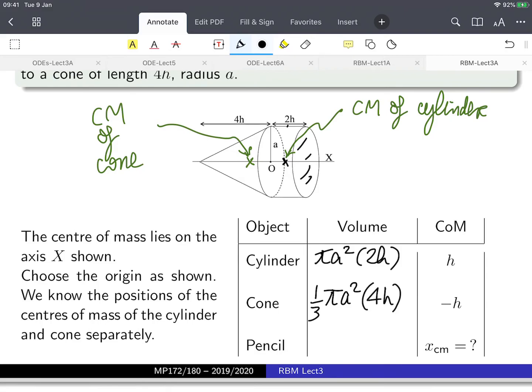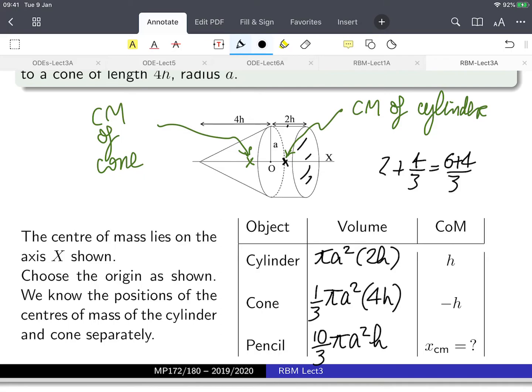Volume of the pencil will be the sum of those two volumes. I have to add 2 and 4/3. 2 plus 4/3 is going to be 10/3 pi a squared h.